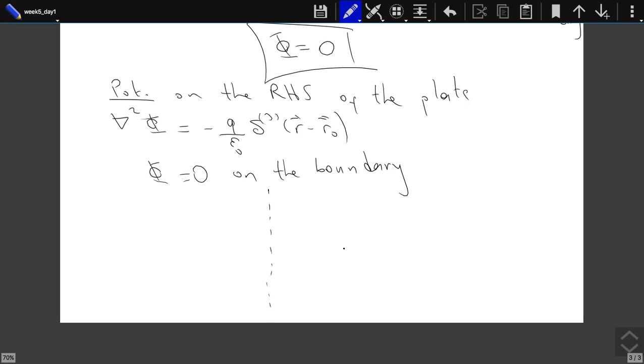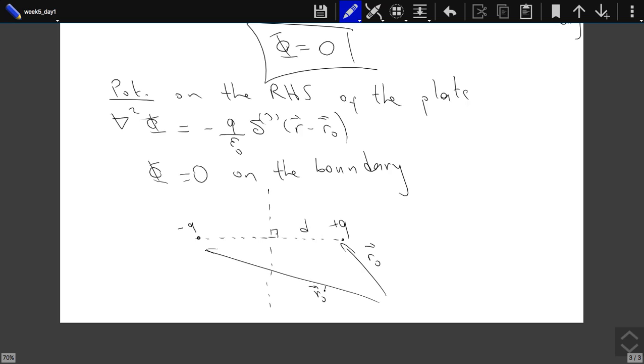Let me look at the potential created by this distribution. Let's say this is at R0, the charge plus Q. It is at a distance d from my plate. Let me imagine I put another charge, minus Q, at the point R0 prime. This is a different problem. In the real problem that I'm looking at, there is a conducting plate over here and a single charge. Now I just change my problem slightly.